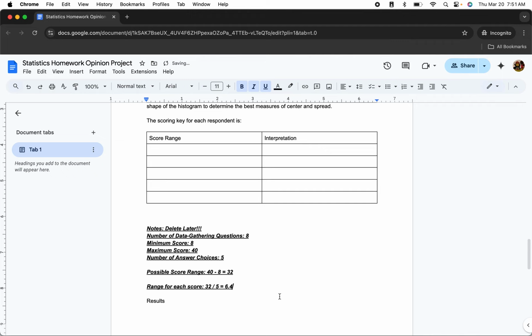I didn't have to round to 3 decimal places. So for my score ranges, you definitely start with your minimum, and then you add your score range, your 6.4, to the minimum to find the upper end of the bottom range. So 8 plus 6.4 is 14.4 for me. That's my lowest score range, and that means that the respondent has strong negative feelings about homework.